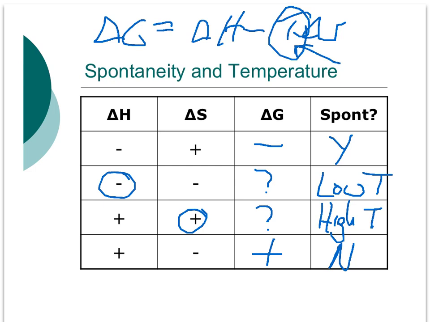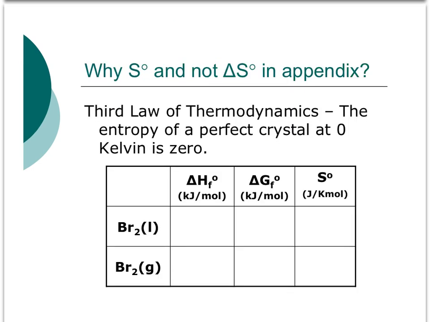What we're going to do for the rest of this presentation is talk a little bit more about entropy and the third law of thermodynamics, and get into some specific ways of dealing with instances of free energy. So, the third law of thermodynamics. During the first class, you may have noticed in the back of the book, when you looked up some numbers, the entropies are tabulated not as a delta S0, but as simply S0.